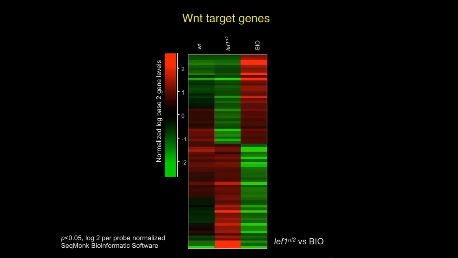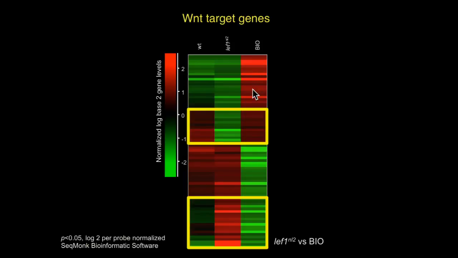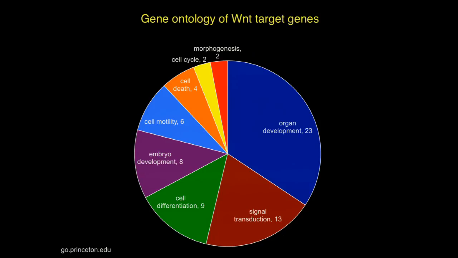And so what I'm showing you here is just a heat map showing the normalized log base 2 changes of gene expression in our wild type, LEF1 mutant, and BIO-treated conditions. In particular, I'm interested in looking at factors that are either downregulated in these LEF1 mutants compared to wild type or Wnt overexpression, or conversely upregulated in these mutants compared to wild type and BIO-treated.